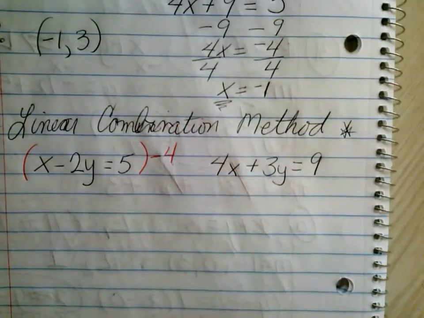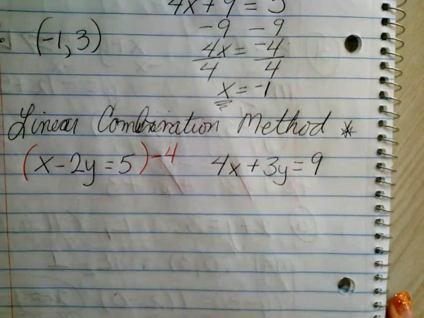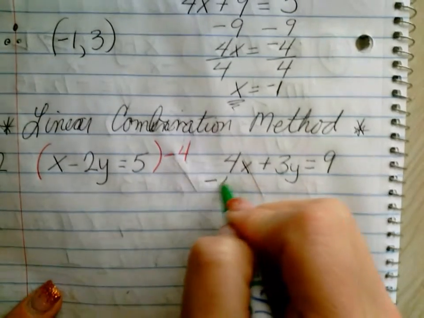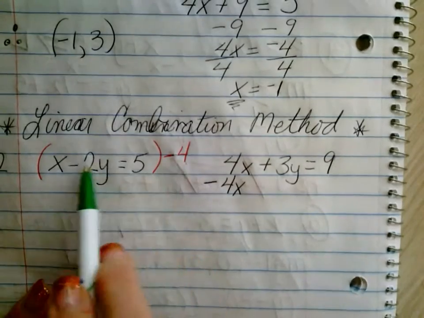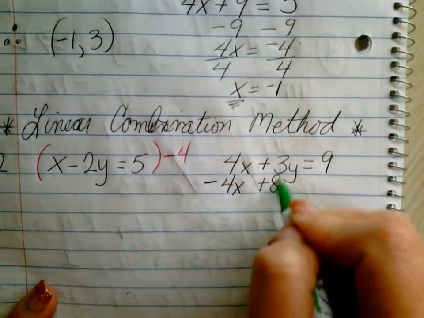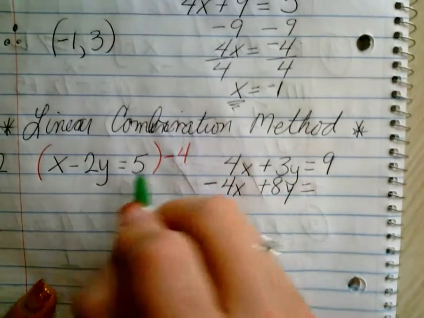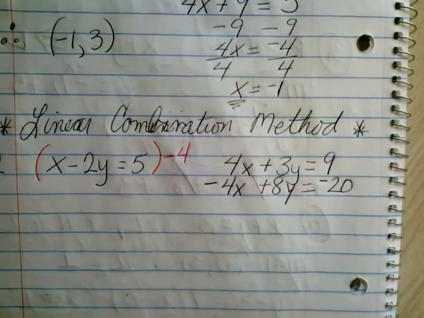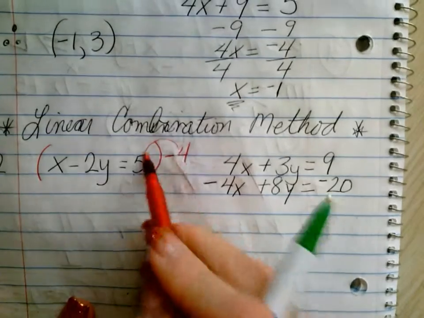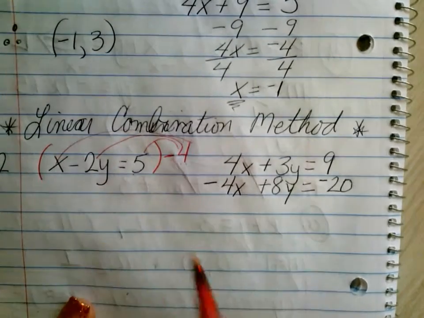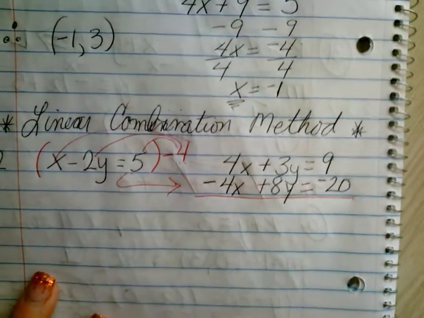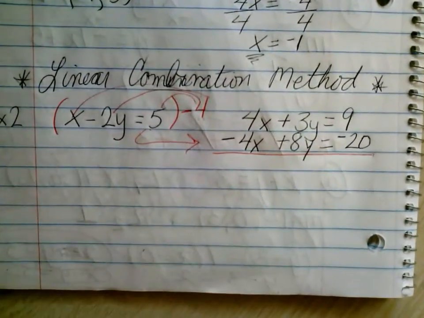When I do that, that will allow me to have negative 4x, positive 8y, negative 20. Notice the x's are going to cancel themselves out here because I took the result of this multiplication, plugged it in here, and now we are going to combine the two linear equations.